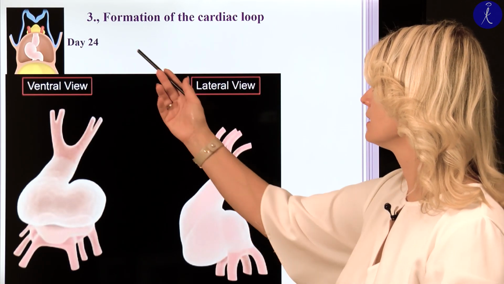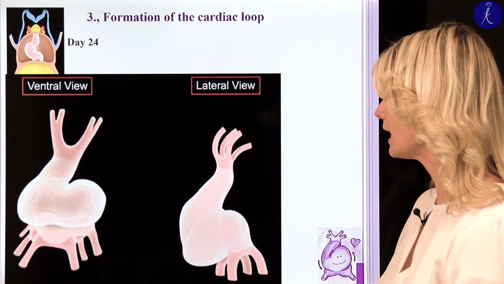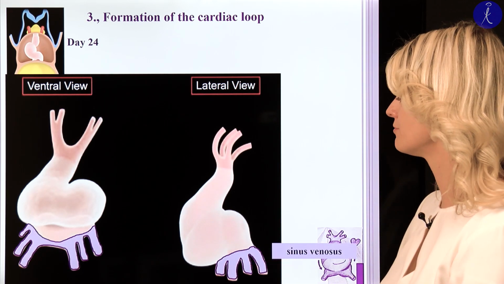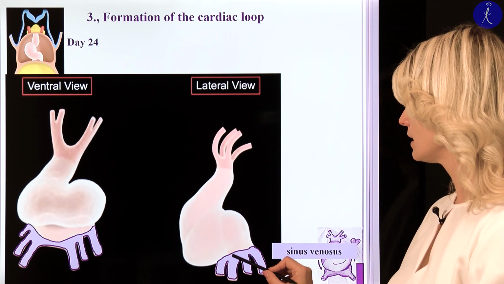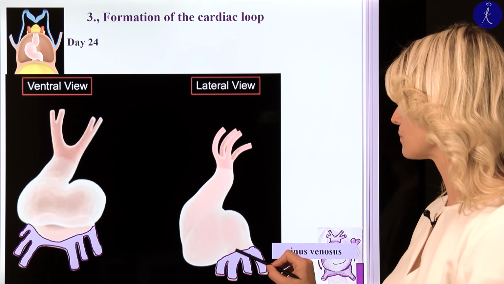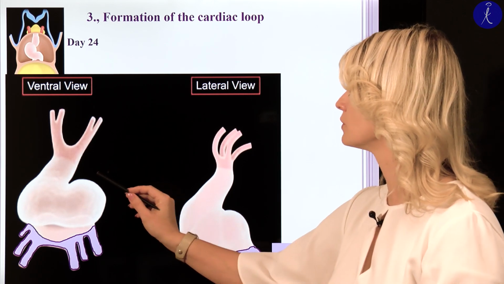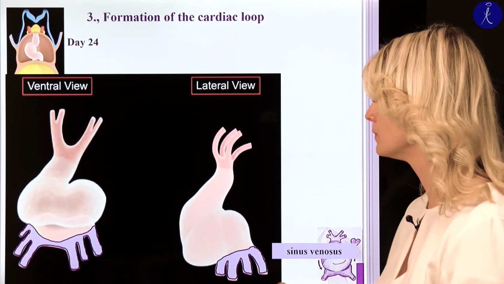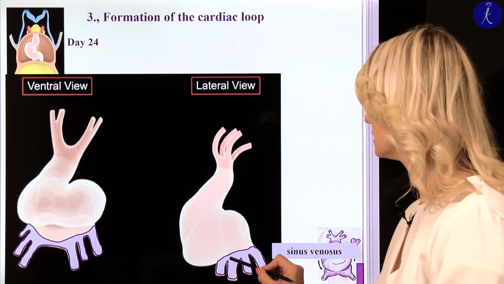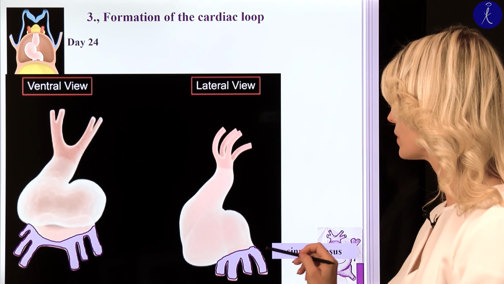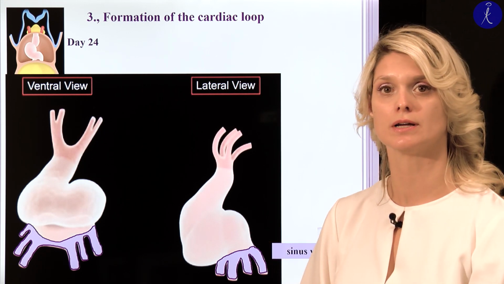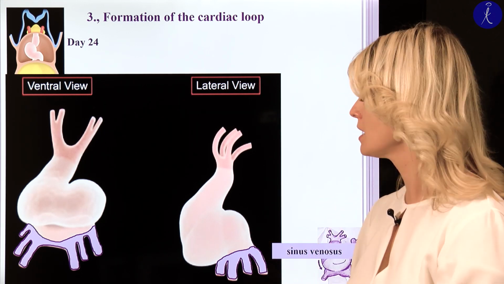This is day 24, and the position of the different parts you can see very well, that the veins are going towards the posterior part of the whole primitive heart tube. So here you can see the sinus venosus, how the veins drain to the sinus horn and to the atria.